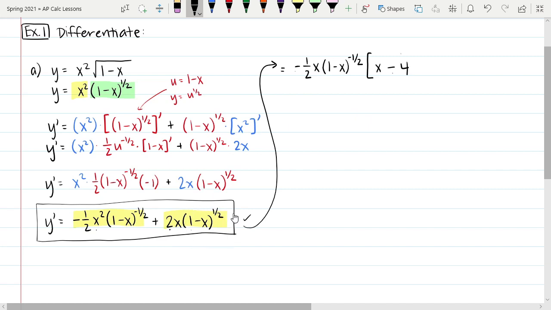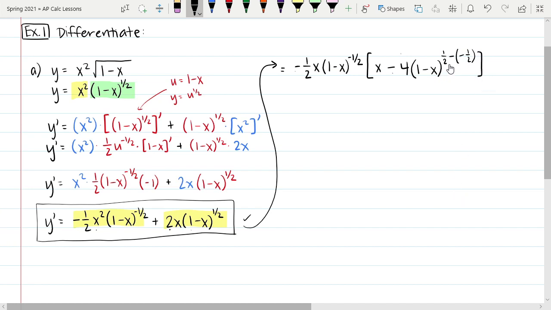I had a 1 minus x to the 1/2, and I factored out a 1 minus x to the negative 1/2. And if you recall, when you factor out powers, you end up subtracting the power that you took out from the original power. So this is now going to be 1 minus x to the original power, 1/2, minus the power we took out, which is a negative 1/2.